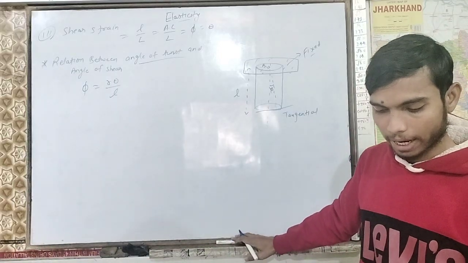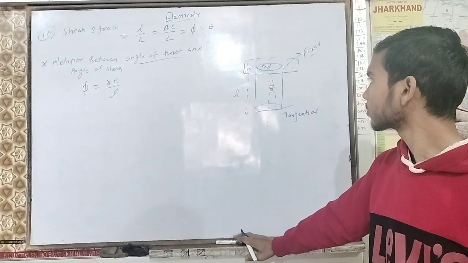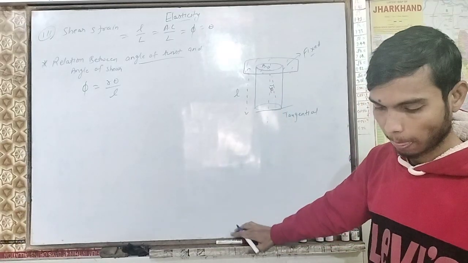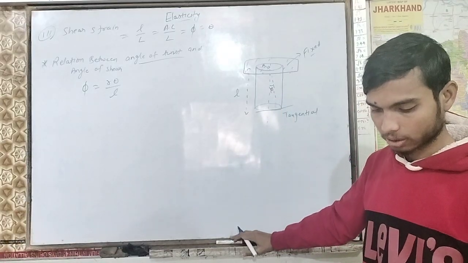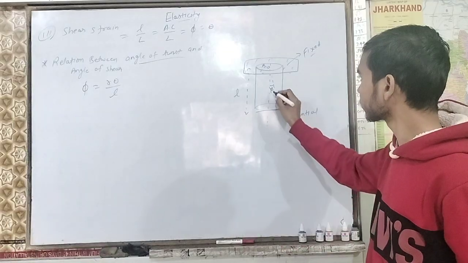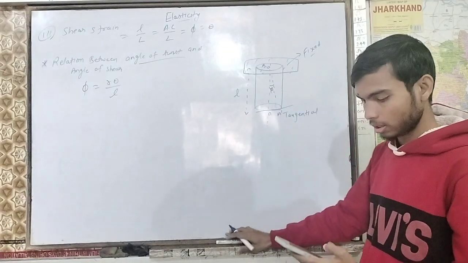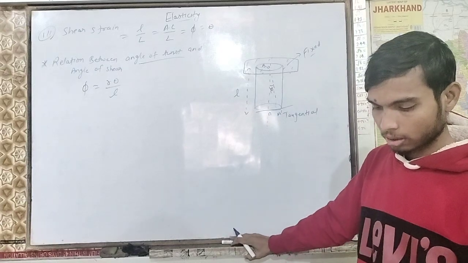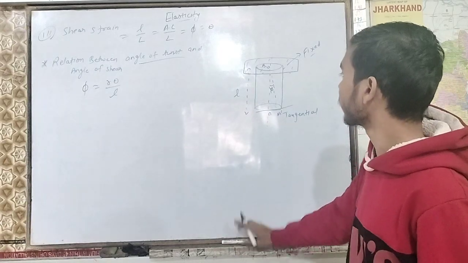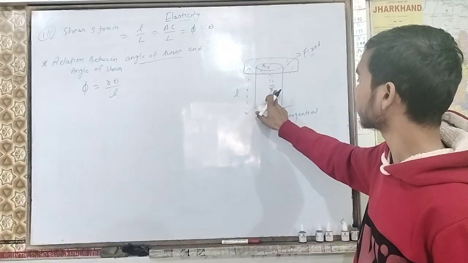The figure shows the angle of shear and the angle of twist, AOA dash. Here we are getting theta.